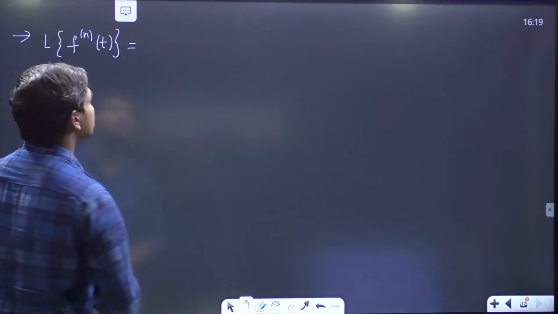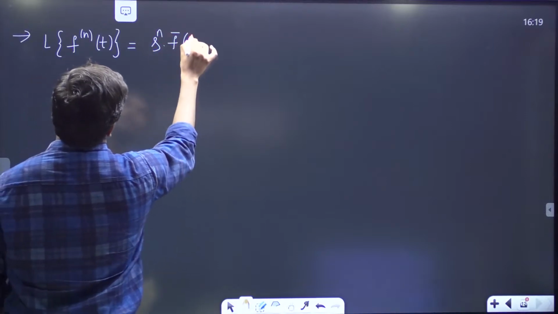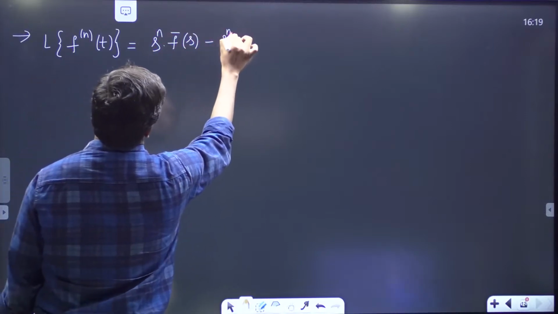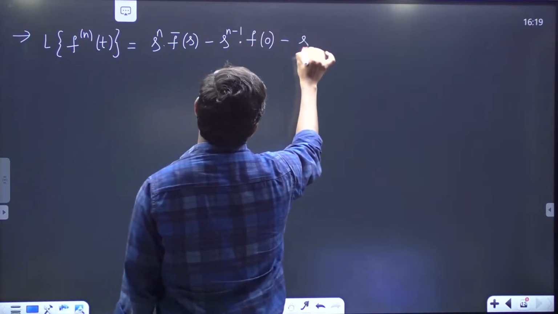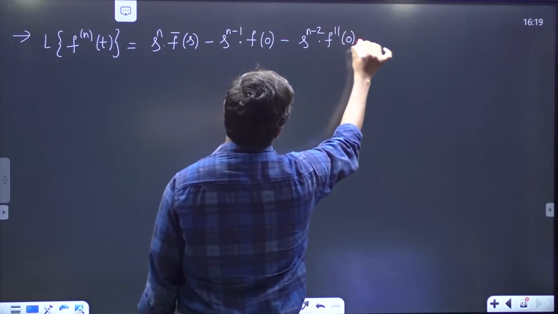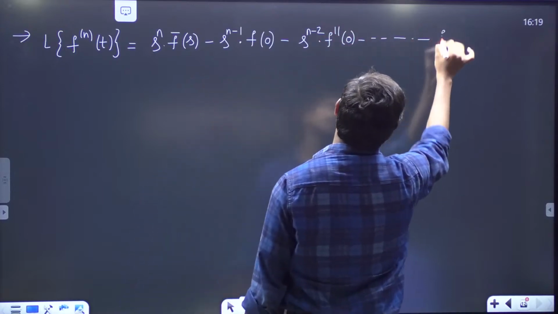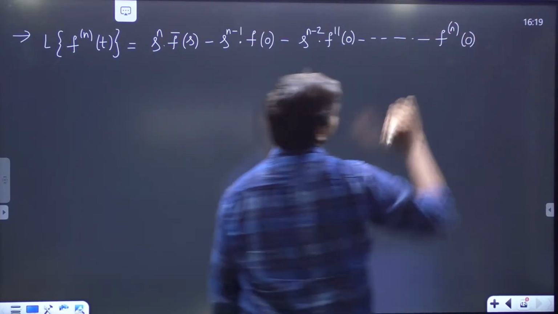If you have something like this, then it is s^n times f bar of s, minus s^(n−1) times f(0), minus s^(n−2) times f'(0), and so on, minus the nth derivative at 0. This is what you will be having.